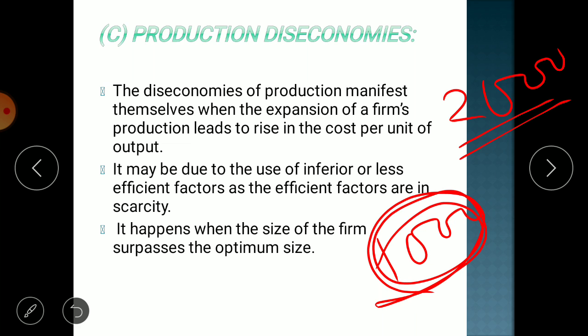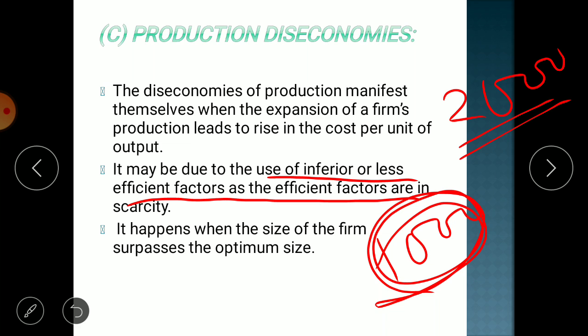That is what is written here. It may be due to use of inferior or less efficient factors, as the efficient factors are in scarcity. Enough raw materials were not there, enough labors were not there. So what have we done? We have compromised with both of the things. We have used inferior quality of raw material, and we have also used the unskilled labors, which result in higher cost of production.